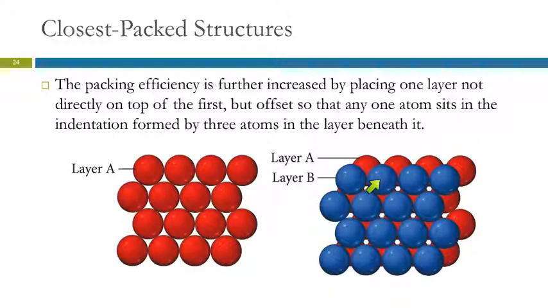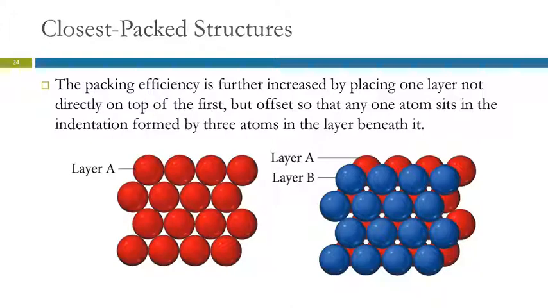It's more efficient if we stagger this as well. So this blue ball is sitting in the little divot here caused by the 3 balls down here, instead of trying to balance directly on top of one of the red balls. So this is making this staggered pattern, but in the other dimension. Does that make sense? So these are going to nestle closer together.